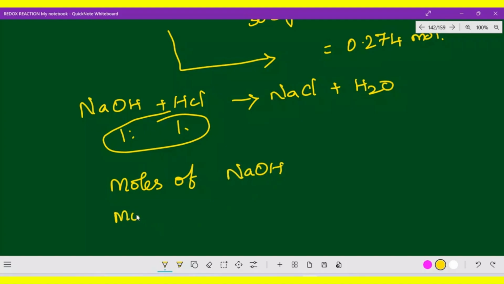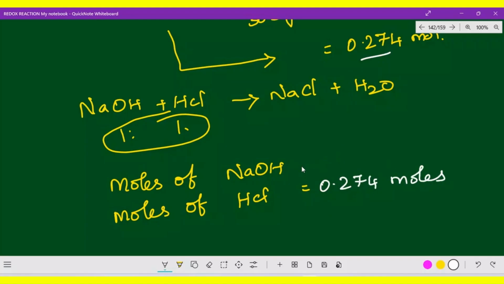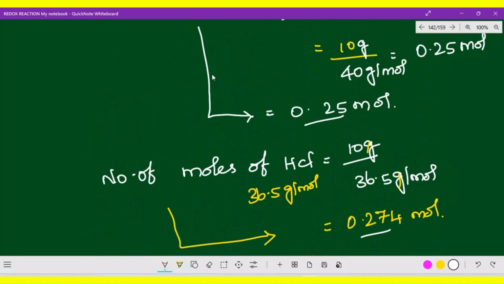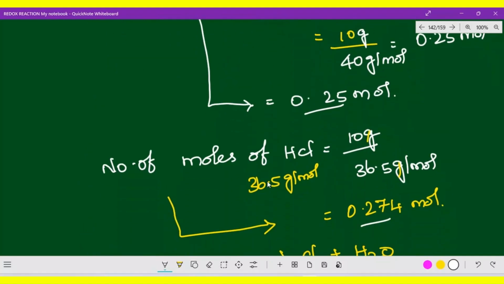Moles of HCl is 0.274, and moles of NaOH is 0.25. Please check it once again if you want.